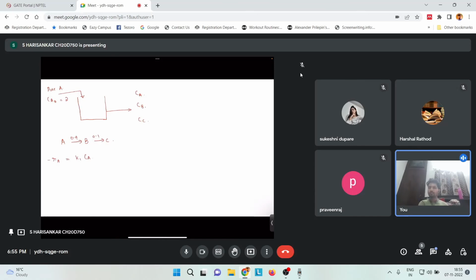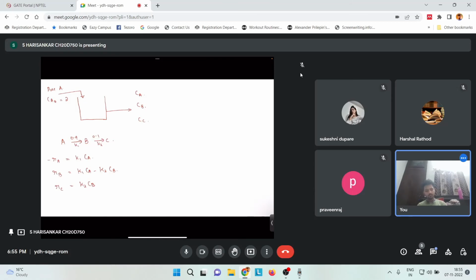So these are first order series reactions, and we can write the rate of consumption of A as minus Ra equal to K1Ca. Similarly, the rate of reaction of B will be K1Ca minus K2Cb, and the rate of formation of C will be K2Cb.